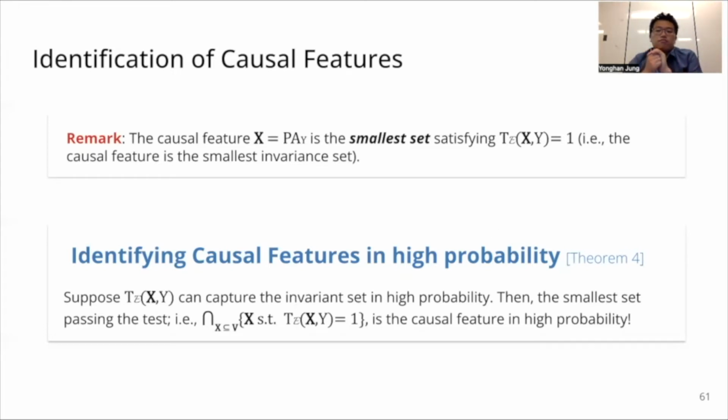So if we have a high probability test function that can capture the invariant set, then the smallest set passing this test is highly likely the causal feature.